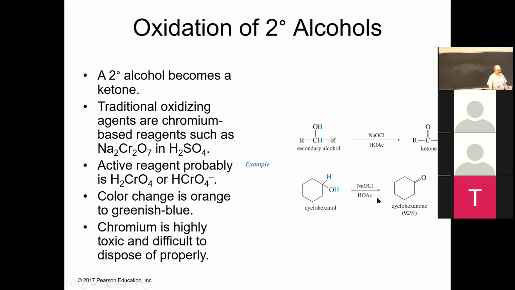This is one that we've done in lab in previous years, where we use bleach and acetic acid. Okay, this produces environmentally benign byproducts, acetic acid and sodium chloride.